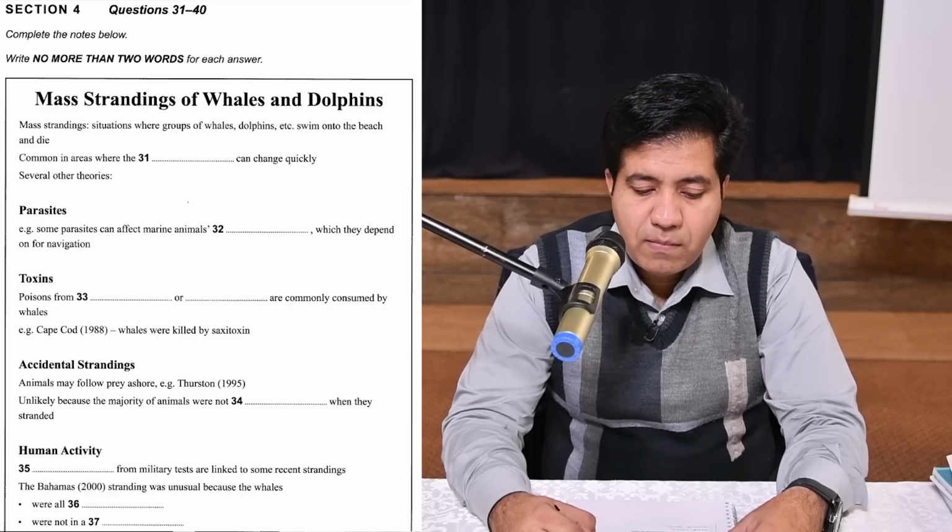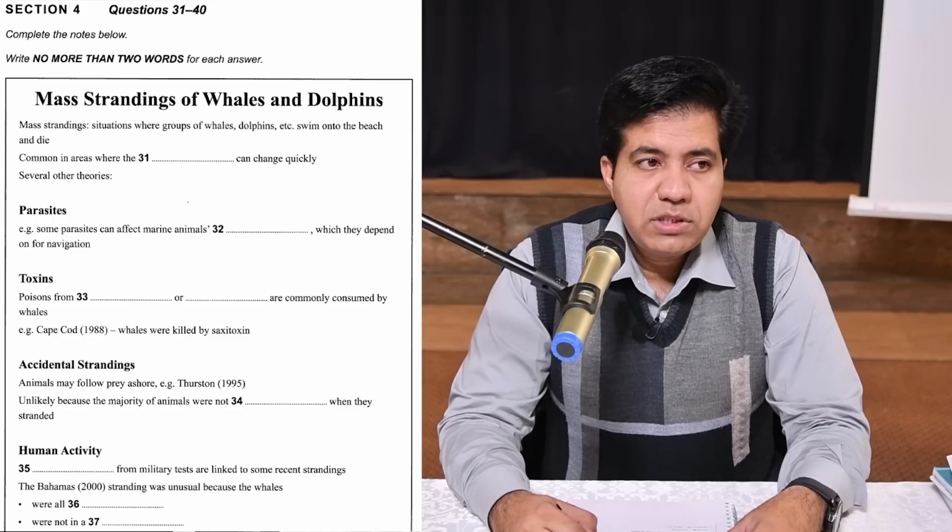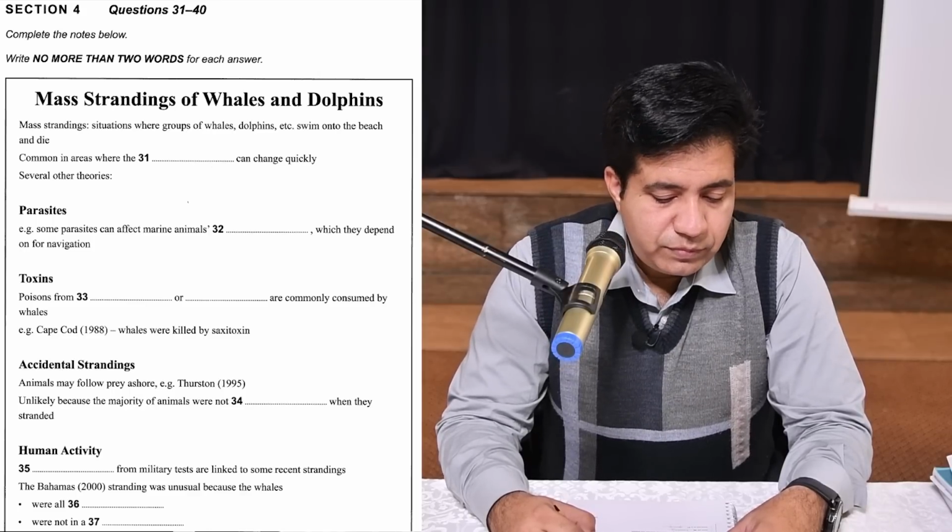Unfortunately, this type of event is a frequent occurrence in some of the locations that you'll be travelling to, where sometimes the tide goes out suddenly, confusing the animals. However, there are many other theories about the causes of mass strandings.